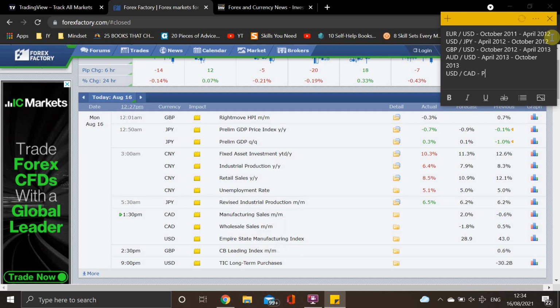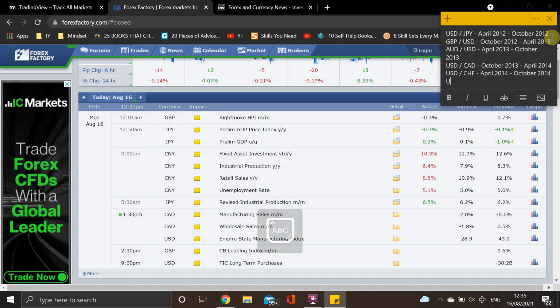USD CAD, October 2013 to April 2014. USD CHF, April 2014 to October 2014.